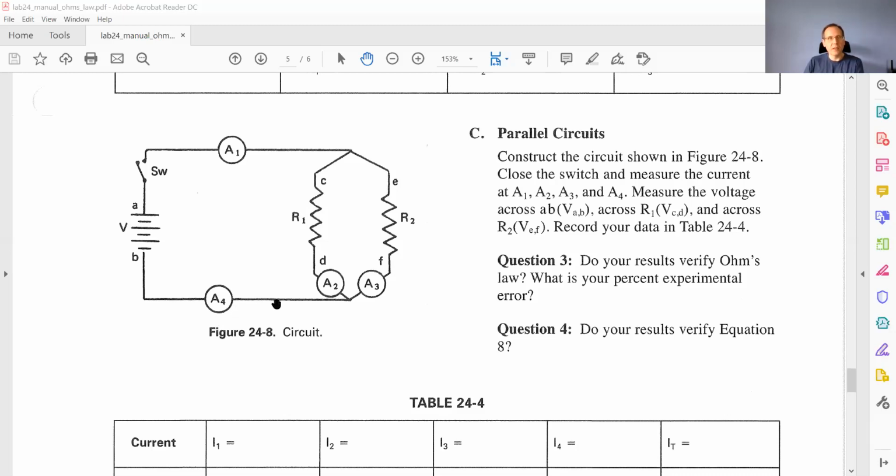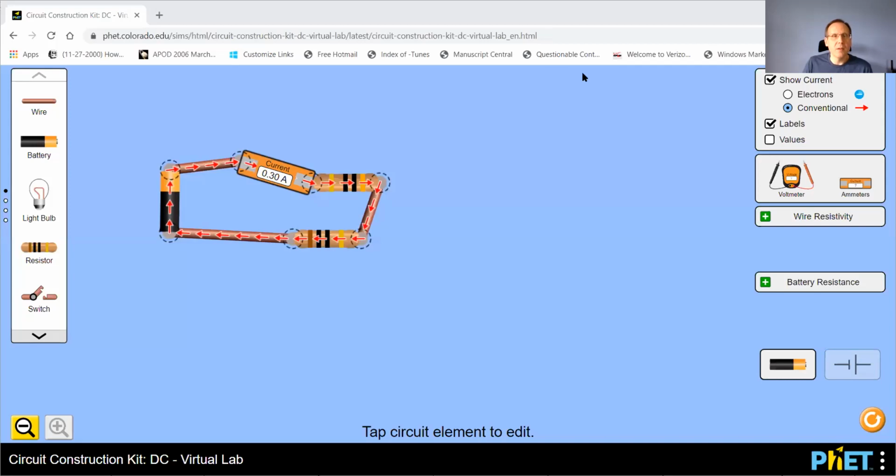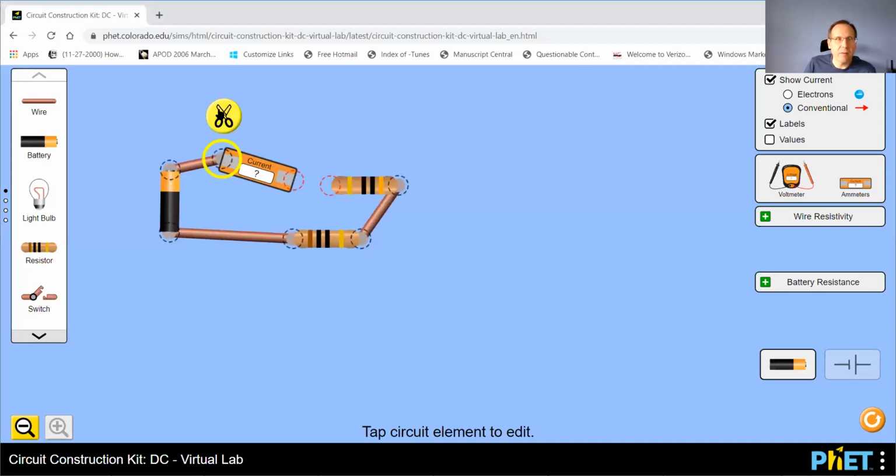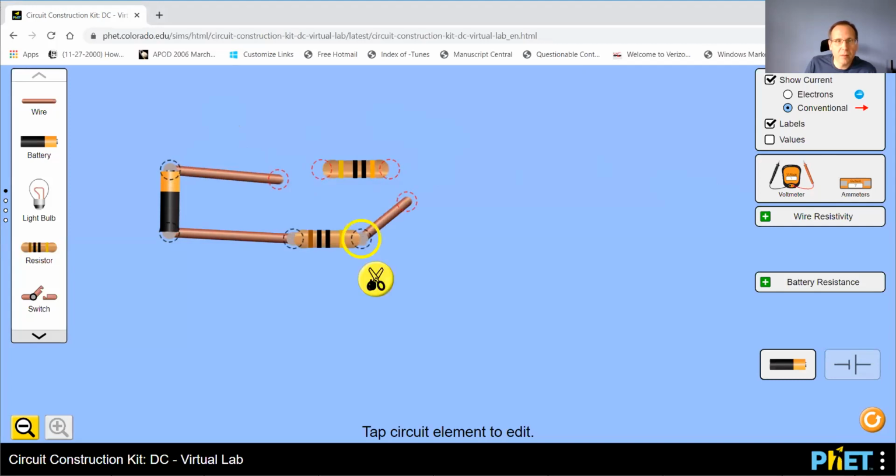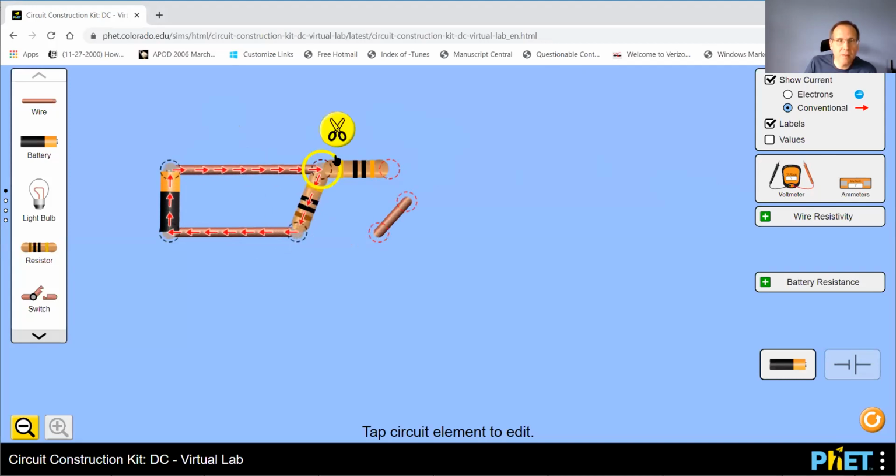Okay, so to construct this, let's go to the simulation. I'll help you guys construct this. So it's going to be something like this, right? Let me get rid of the ammeter for now. Let's see, cut that out. So I want one resistor like this.